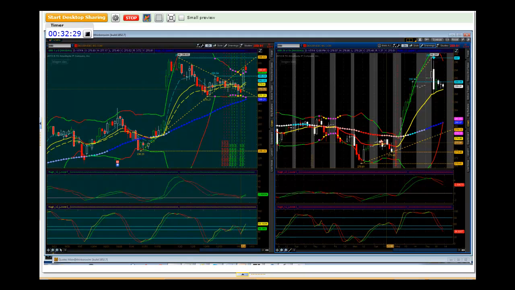This is a Tom DeMark trend line rule. Tom DeMark used to consult for the trading company that I worked for, and he helped us develop a lot of our trading systems. So you go from this pivot high here, from the right, to this pivot high there, and then extend your line down here. So let me show you.